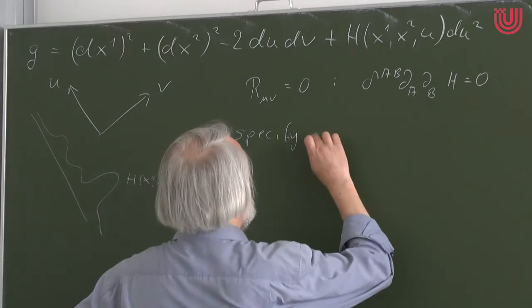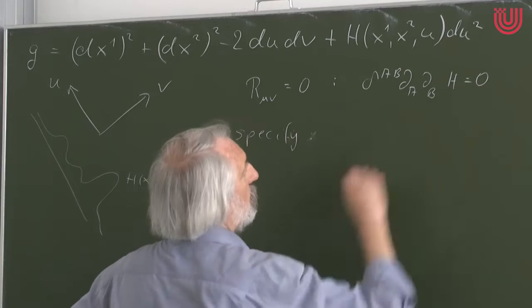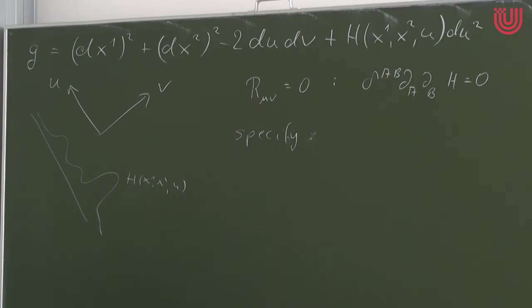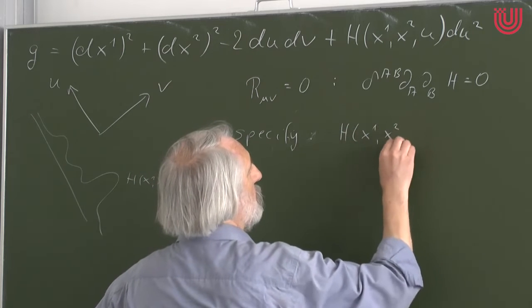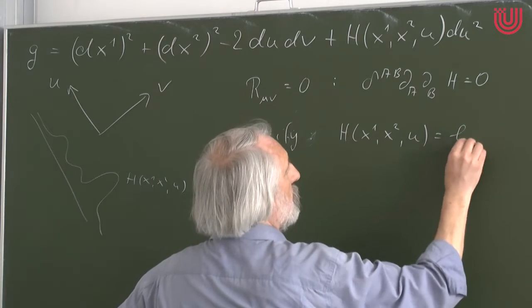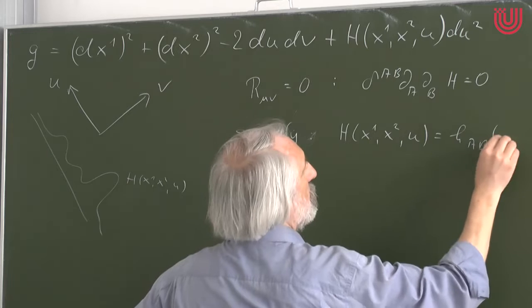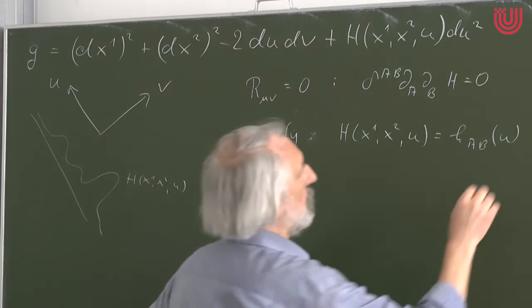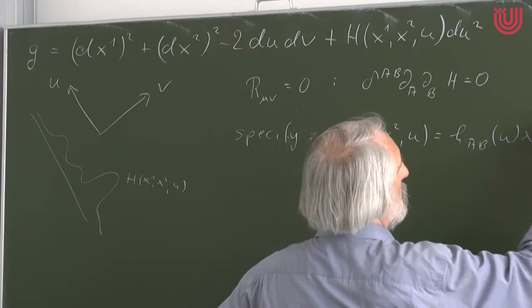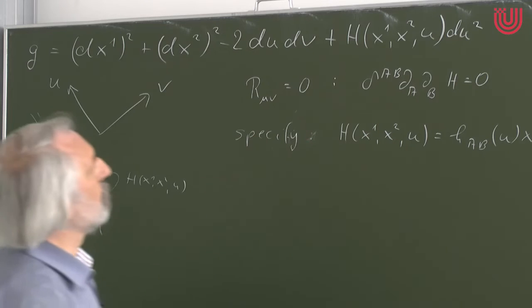And the simplest way of satisfying this equation is by requiring h to be of second order in x1 and x2. Yeah? Then the Hessian would be just a constant. So we require, as a special case, that there is a coefficient matrix H_AB, which depends only on u, and then x^A, x^B.